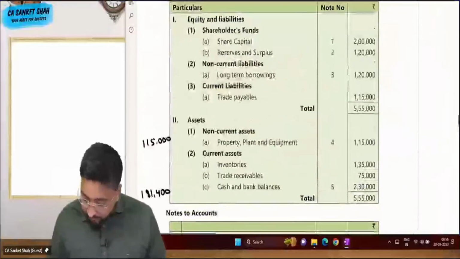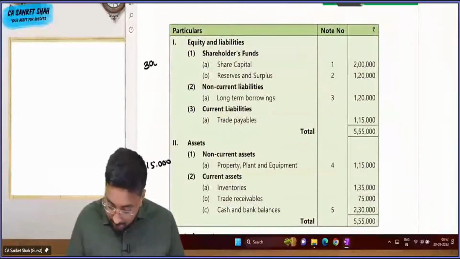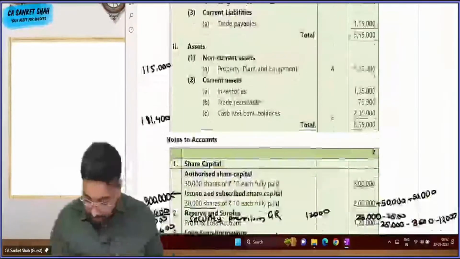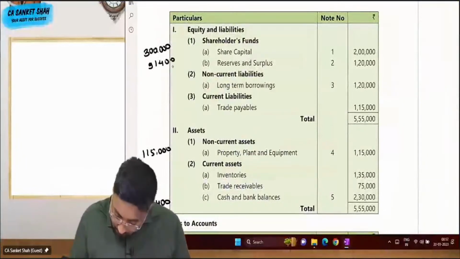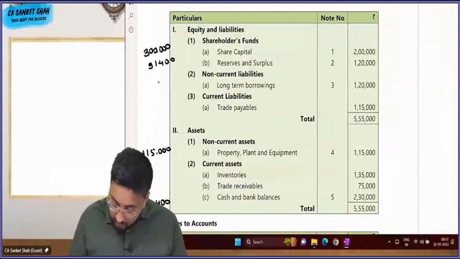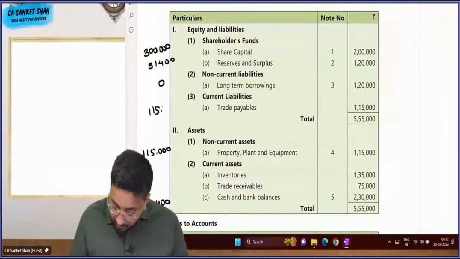Then share capital 3 lakhs. Reserve and surplus 91,400. Long term borrowings 0. Trade payable 1,15,000.